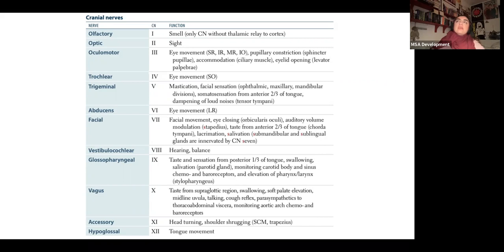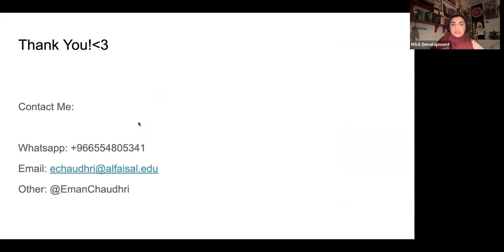And therefore facial movement is going to be affected, closing of eyes. So for example, you close your eyes, purse your lips, smile, blow like a fish. These are all taken care of by the facial nerve, okay? And yeah, remembering this is quite important.